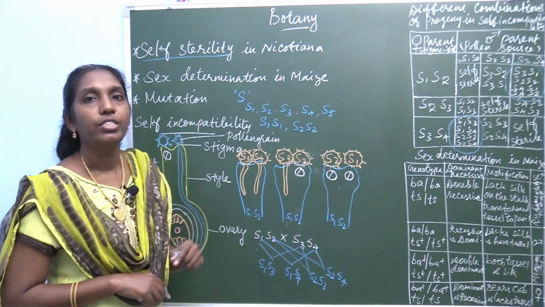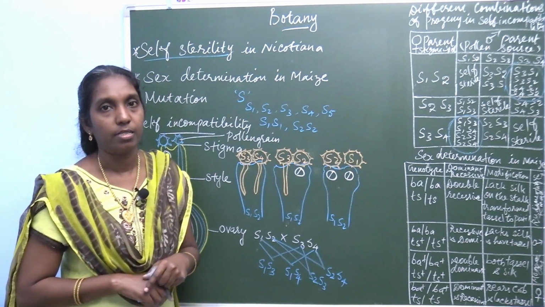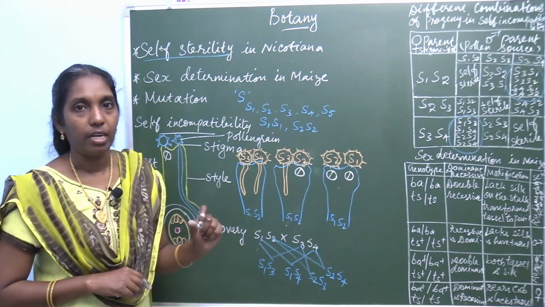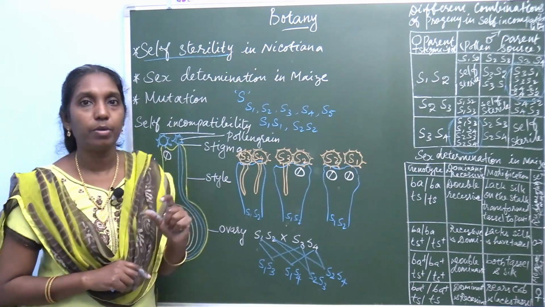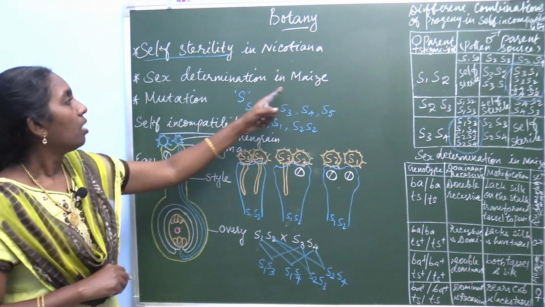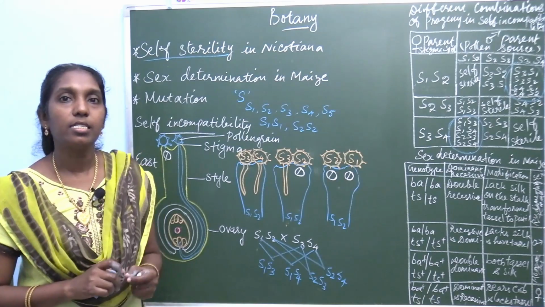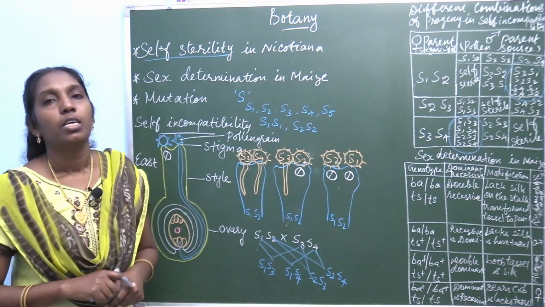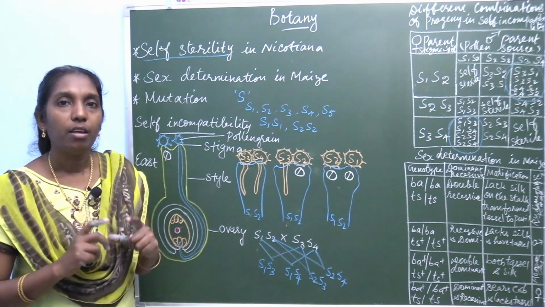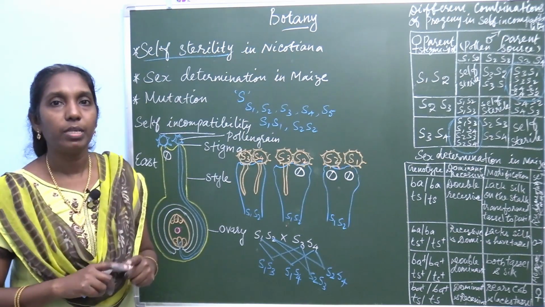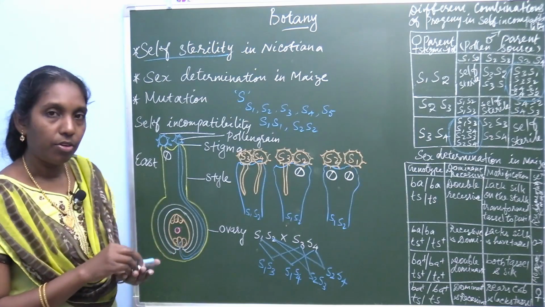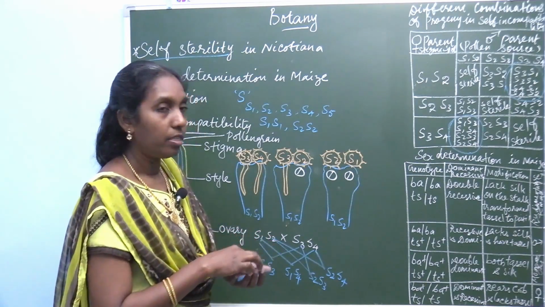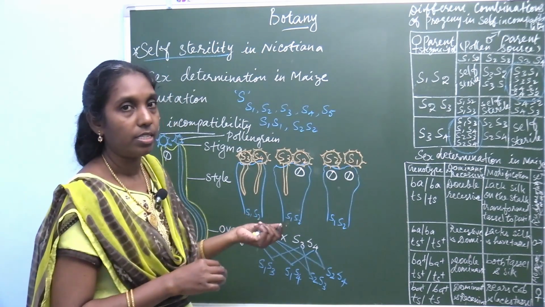Second question: sex determination in maize. In maize, the sex is determined. You know this from the first chapter; again you learn this question. Maize is a monoecious plant. What is meant by monoecious? The male and female inflorescences develop in the same plant. Have you remembered this maize plant? I hope that you remembered the first lesson because you wrote the test also.